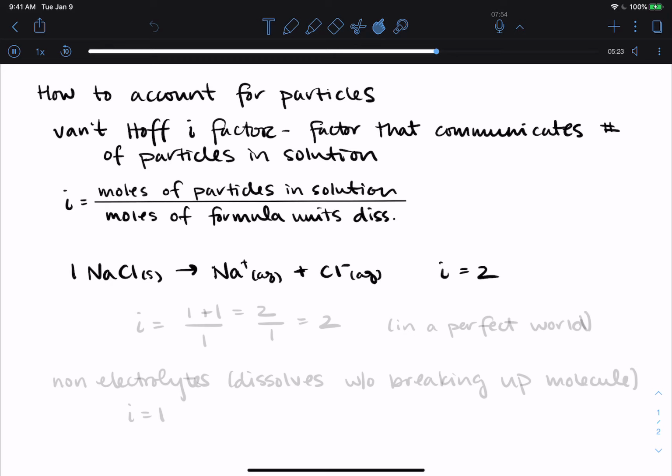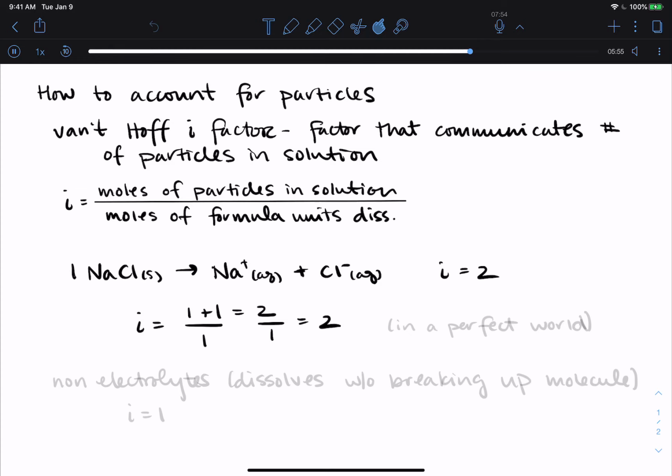Now, we could fill this in with the equation. So if we used the equation to do this, the moles of particles in solution, well, I've got 1 Na+ and 1 Cl-, so that's 2 moles in solution divided by the moles of formula units dissolved. That came from 1 mole of sodium chloride, so 2 divided by 1 is just 2.